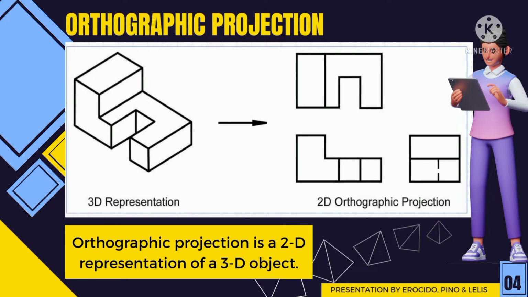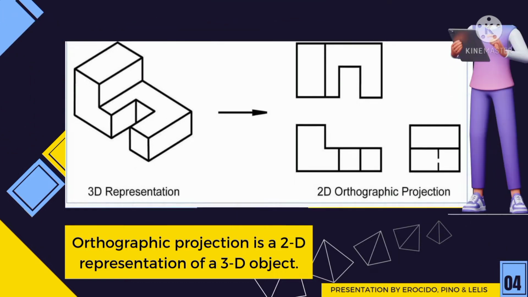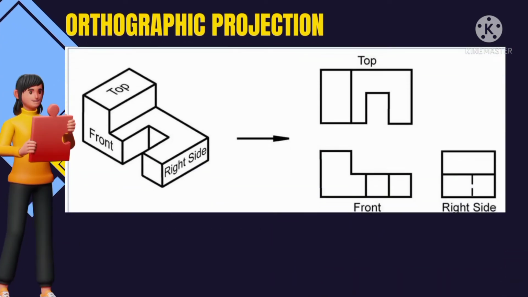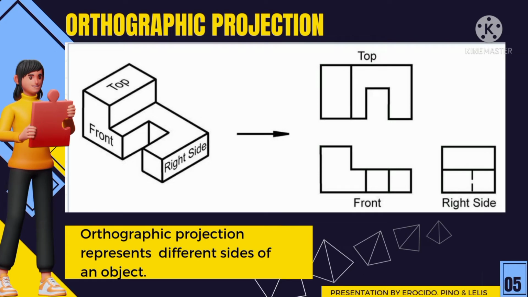So orthographic projection is a two-dimensional representation of a 3D object, as you can see in the figure. Moving on, orthographic projection represents different sides of an object: the top view, front view, and right side view.